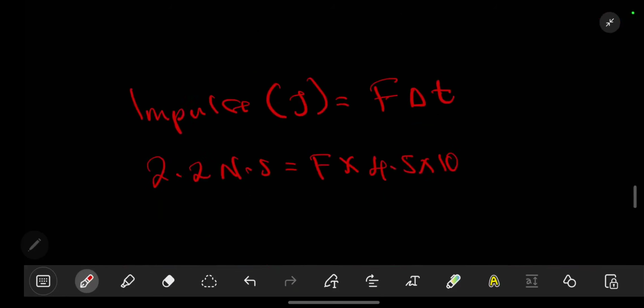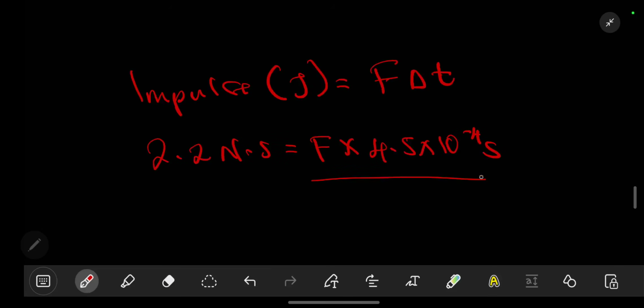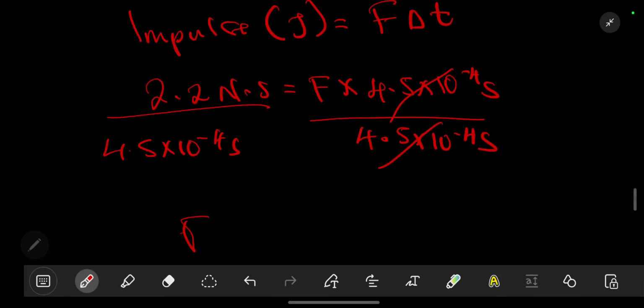So we divide both sides by 4.5 times 10 to the power negative 4 seconds, and the force should be equal to 2.2 divided by 4.5, not 45, 4.5 times 10 to the power negative 4.